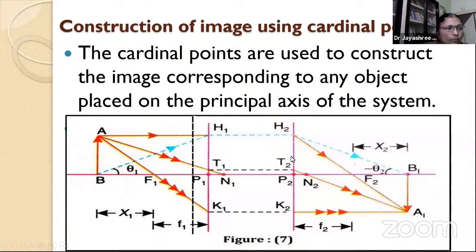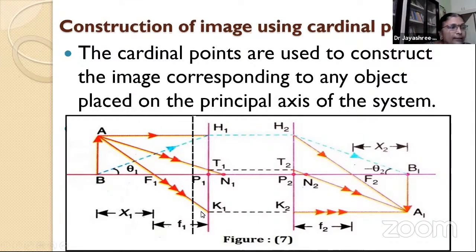Hence the ray should emerge from H2, which is obviously the conjugate point, and then H1P1 is equal to H2P2, as we have stated, since the linear magnification is equal to 1.